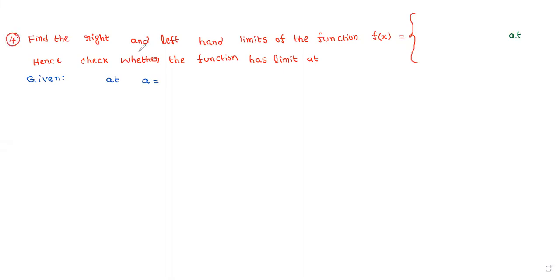The fourth question. Find the right and left hand limits of the function f of x: first condition, 2x if x less than 0, below 0 values, negative numbers; 2x plus 1 if 0 less than or equal to x less than 1; 3x if x greater than or equal to 1.